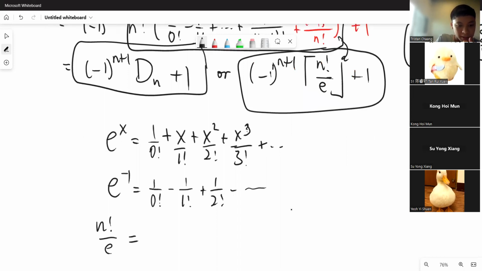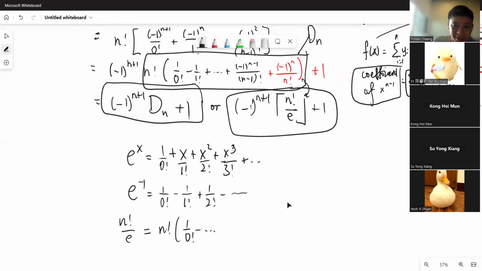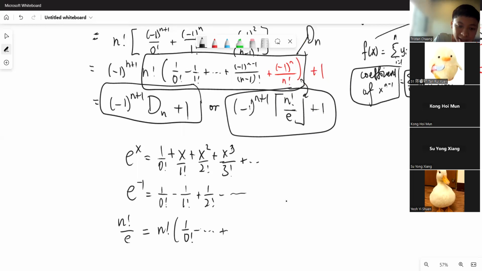So that would be n factorial times blah, except the fact that it doesn't go just to n, it goes to infinity. So let's terminate this sum at the nth term, and then we add some leftover terms.